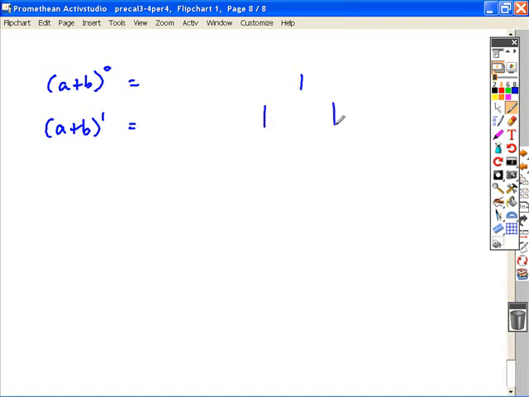So it's 1a plus 1b. Okay. We just saw here, if you take a binomial and you square it, it's 1a squared plus 2ab plus 1b squared.